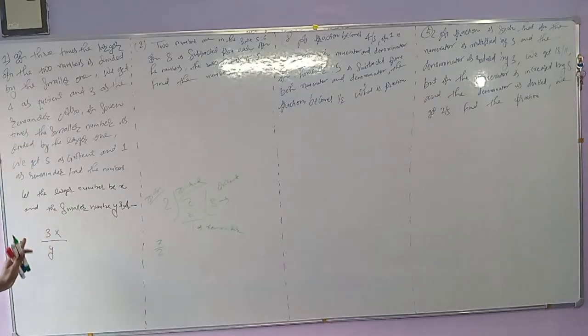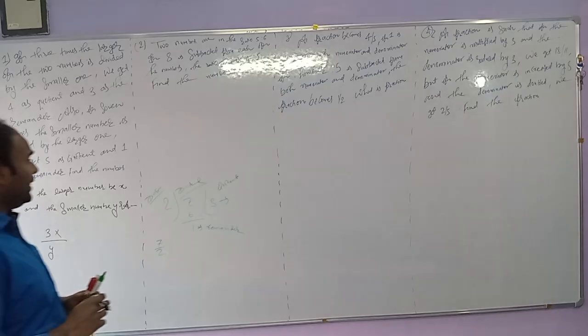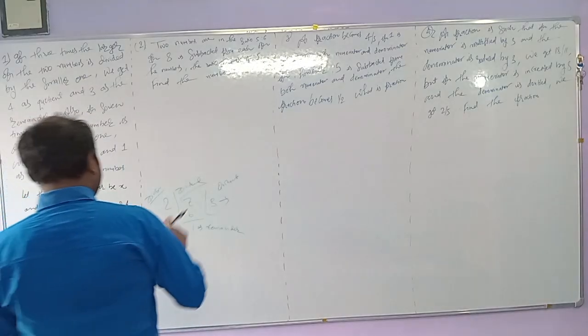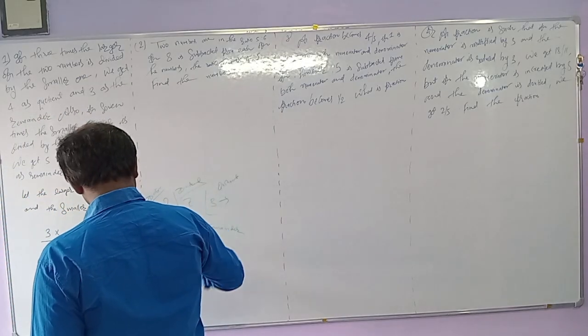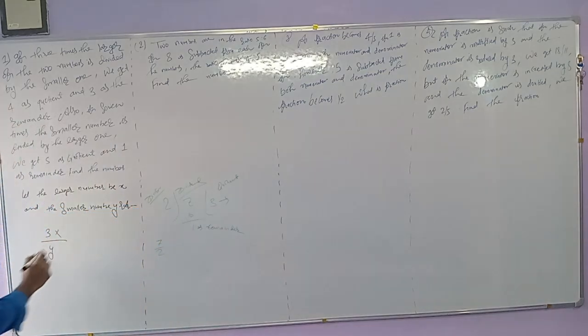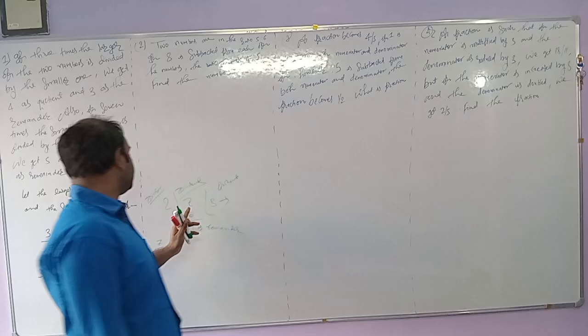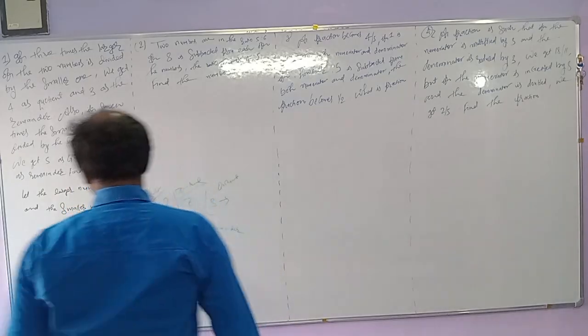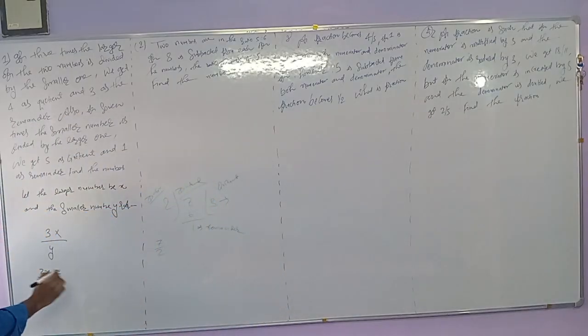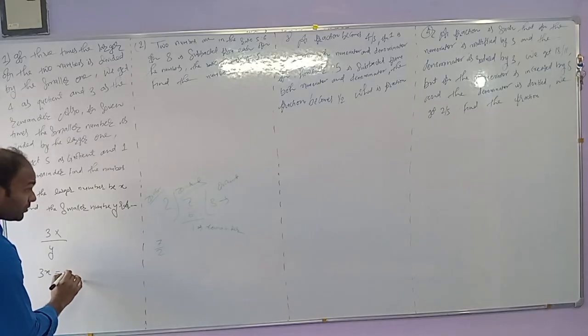We have these things, and we have a dividend. Dividend is what? 3x is equal to divisor times quotient plus remainder.